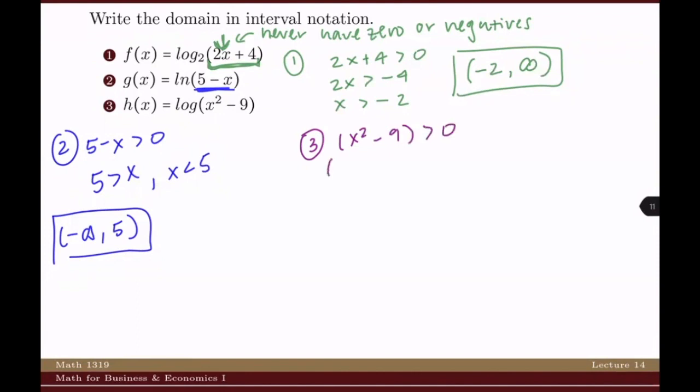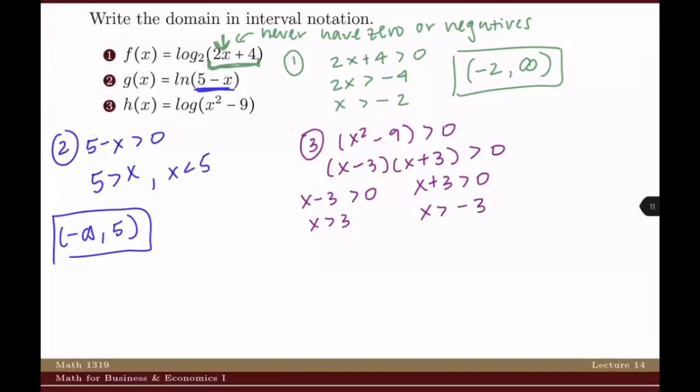So this one's where it's going to get tricky. That means x minus 3 times x plus 3 has to be bigger than 0. All right. So let's figure out where x minus 3 is bigger than 0 and where x plus 3 is bigger than 0. So this means x is bigger than 3, and this means x is bigger than -3.